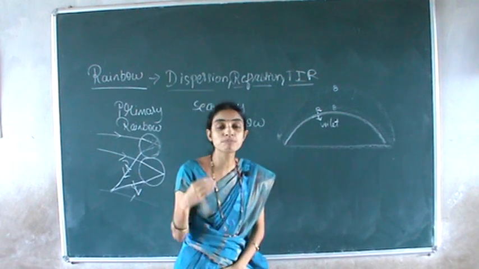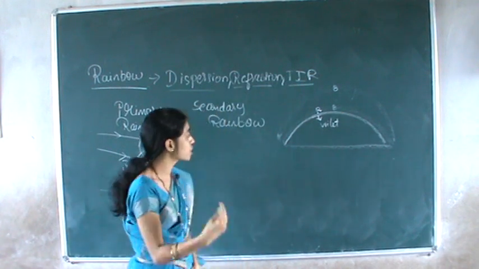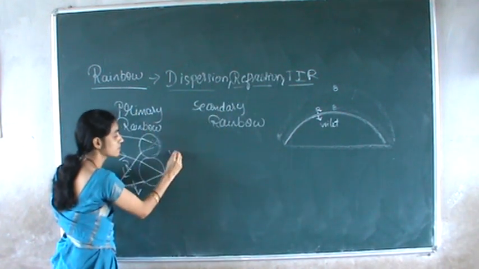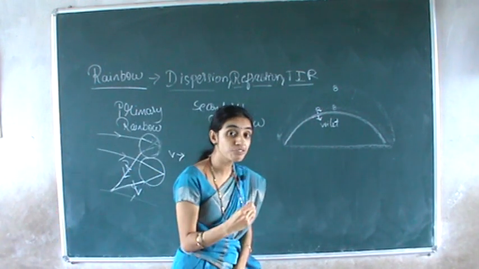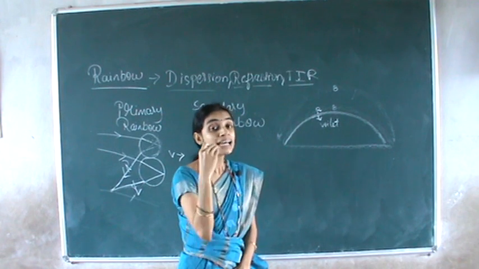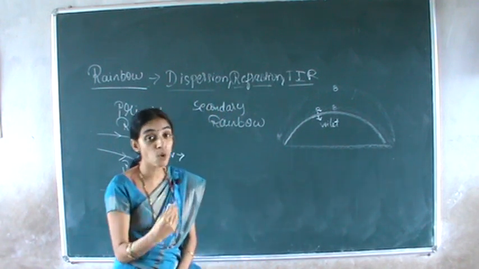With respect to the observer's eye, who is seeing the rainbow formation, the deviation produced by the violet color will be different.